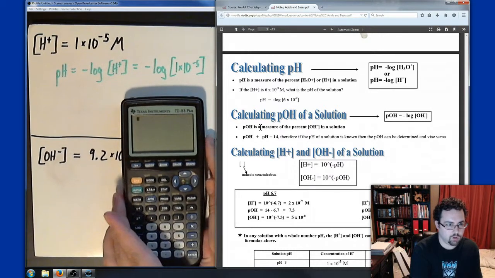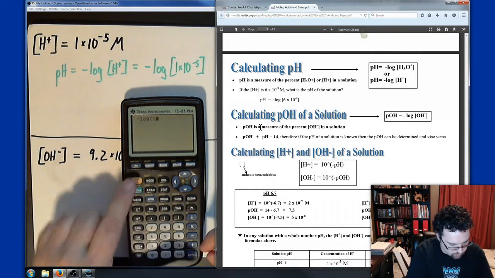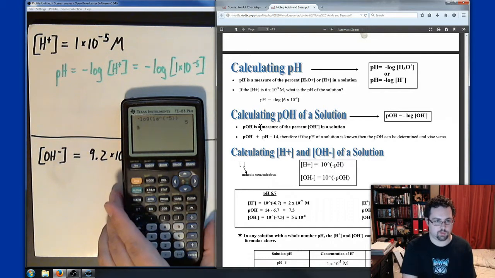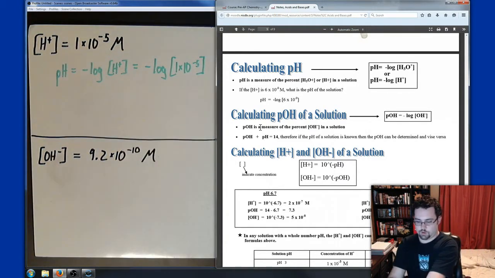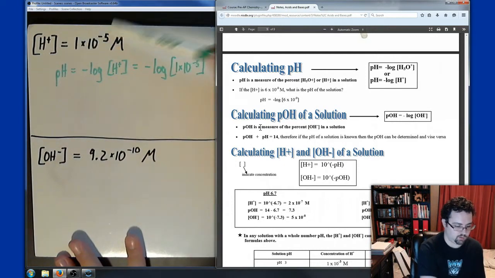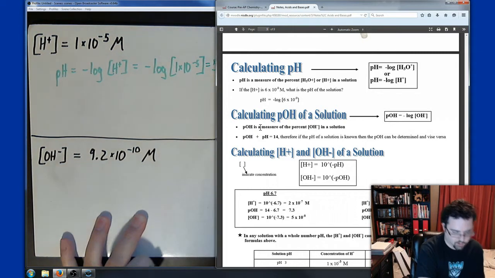Negative log 1 times 10 to the -5. Okay, pH ends up being 5. And I knew that because it was a whole number, 1 times 10 to the -5. Okay, so pH in this case equals 5.